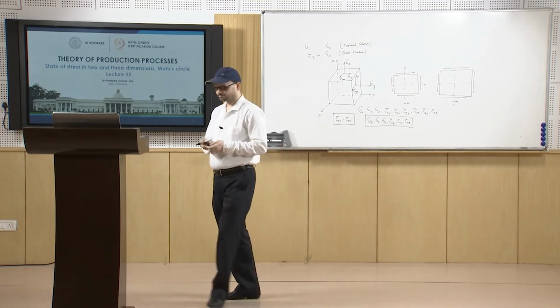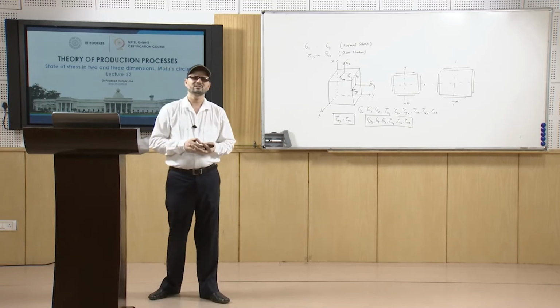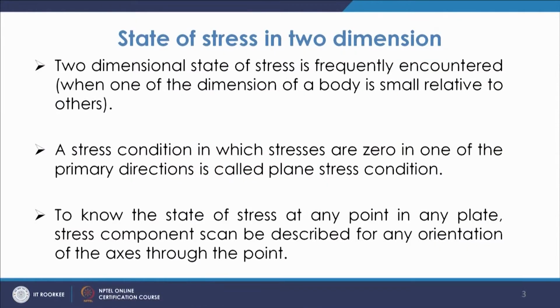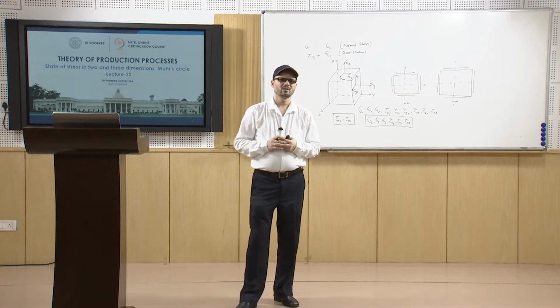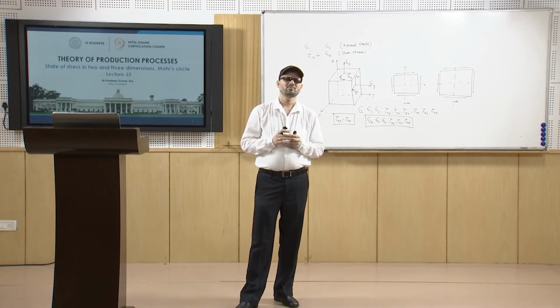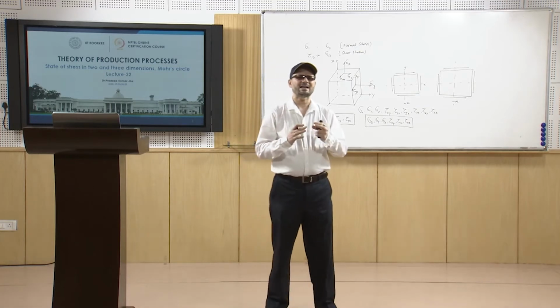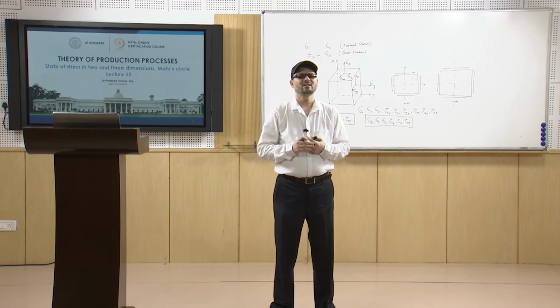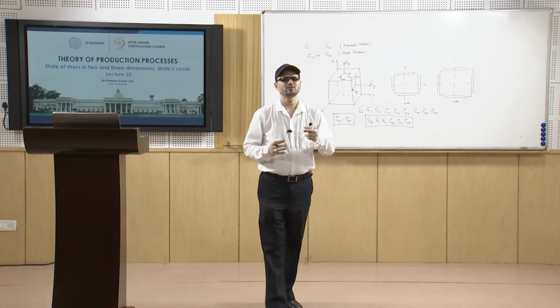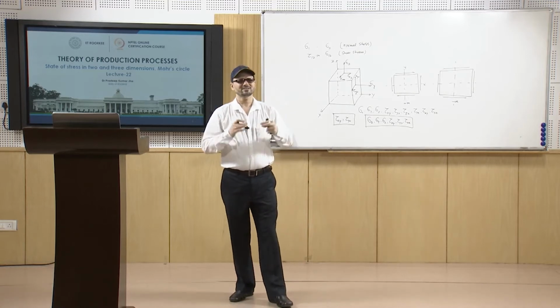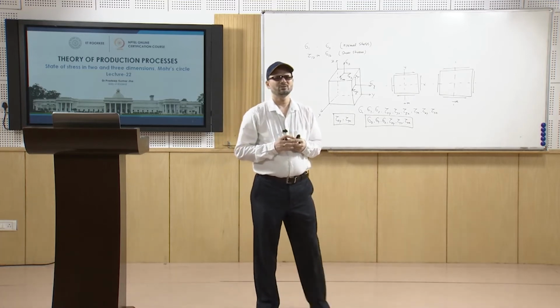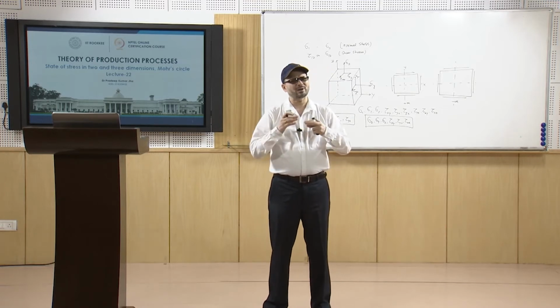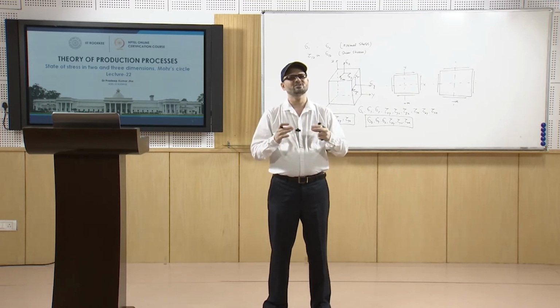Next we will discuss the state of stress in 2 dimensions. Many a times we frequently encounter a state of stress in which predominantly you have stresses acting in 2 directions, and in one of the dimensions of the body the value of the stress is quite small compared to the other dimensions. This stress condition, in which the stresses are 0 in one of the primary directions, is called the plane stress condition.